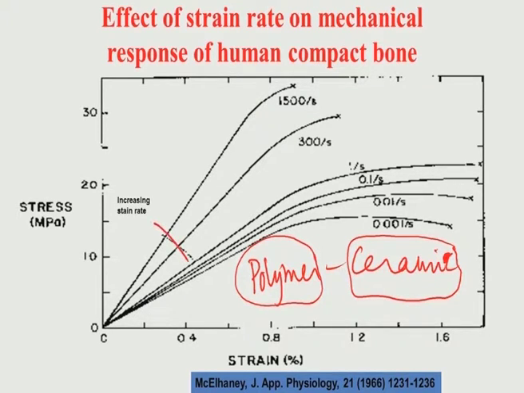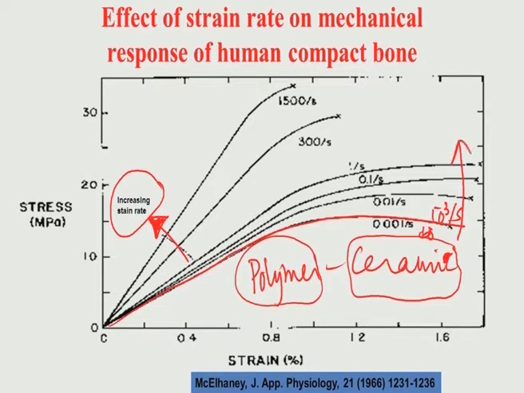Since it has a viscoelastic property, bone also exhibits strain rate dependent mechanical response. What you see here, the lowest curve, is the stress strain response obtained when the strain rate is 10 to the power minus 3 per second.